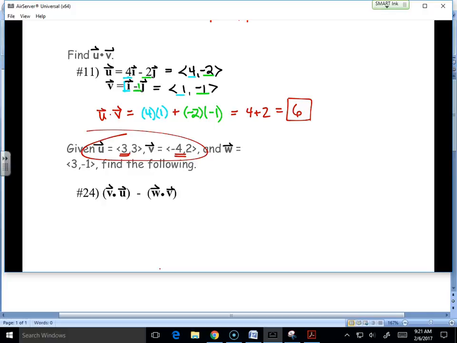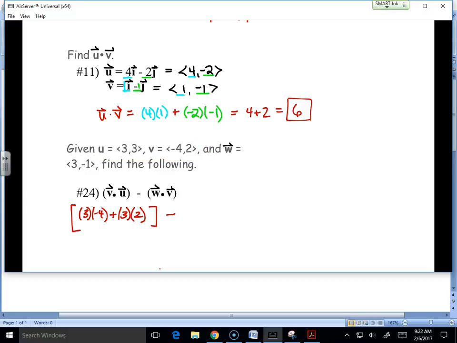Is that alright? Need me to show it out? It'd be 3 times negative 4. First times first plus second times second. What would that be? 3 times 2 minus. That's technically V dot U. Double check it, make sure it makes sense.